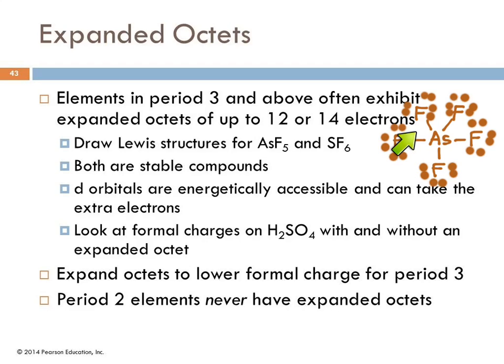Arsenic here has 10 electrons instead of 8. The reason is that arsenic is actually in the 4th period. He has 3d orbitals and 4d, it would be the 4d orbitals. He has 4d orbitals that he can bump electrons up into and accept those extra electrons.